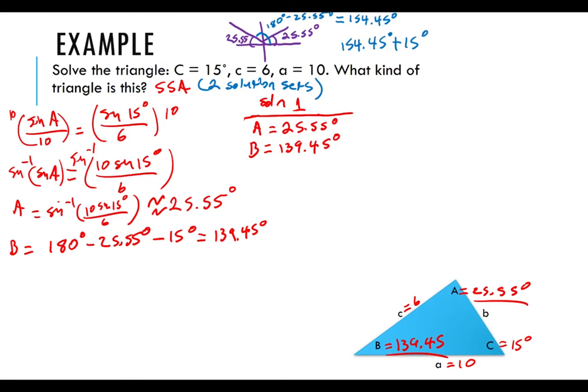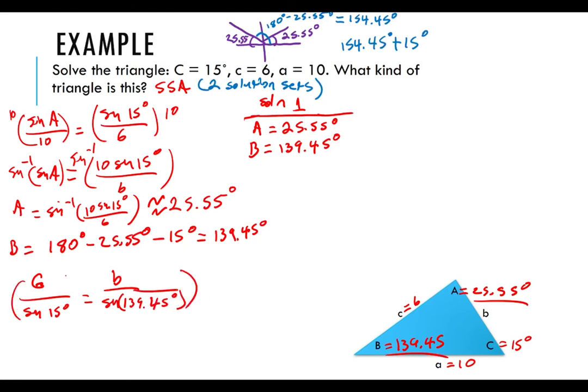But now I just need to find side length B, but to find side length B, I know that C is 6, angle C is 15, so 6 divided by sine of 15 degrees is equal to side length B divided by sine of 139.45 degrees.